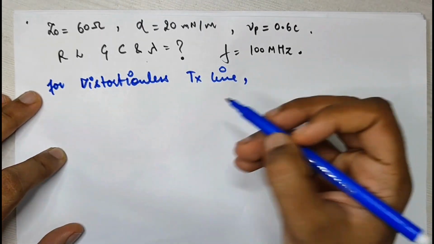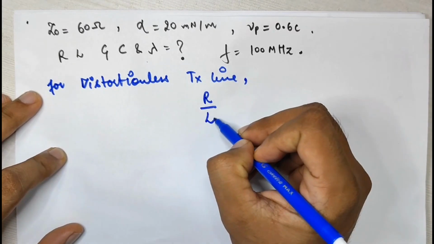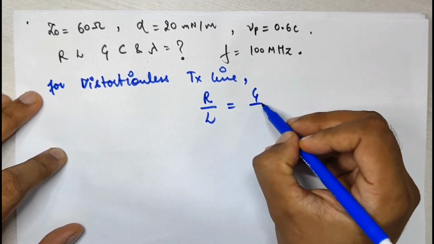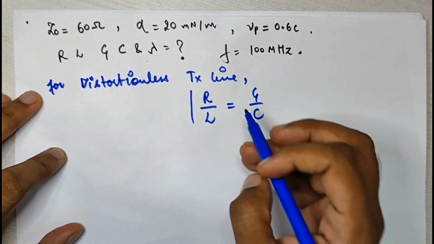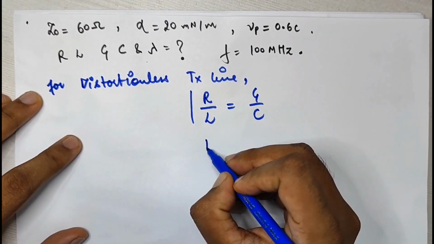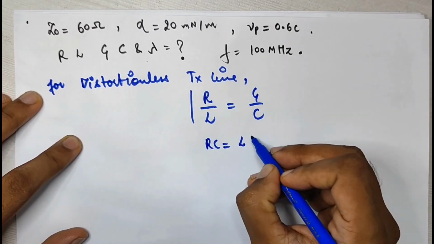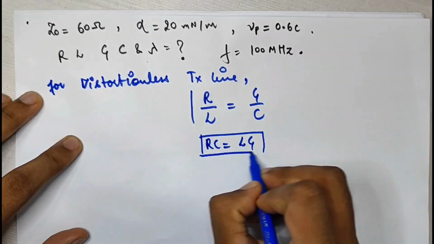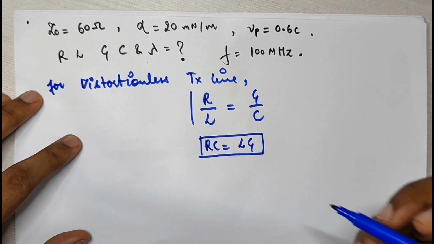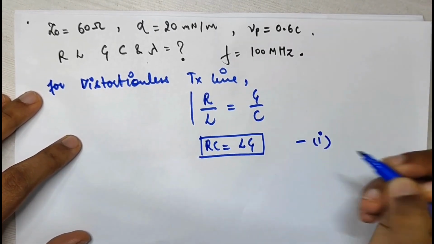We know the condition: R by L is equal to G by C, right? Then we can also write RC is equal to LG. This is the first thing we are aware of.